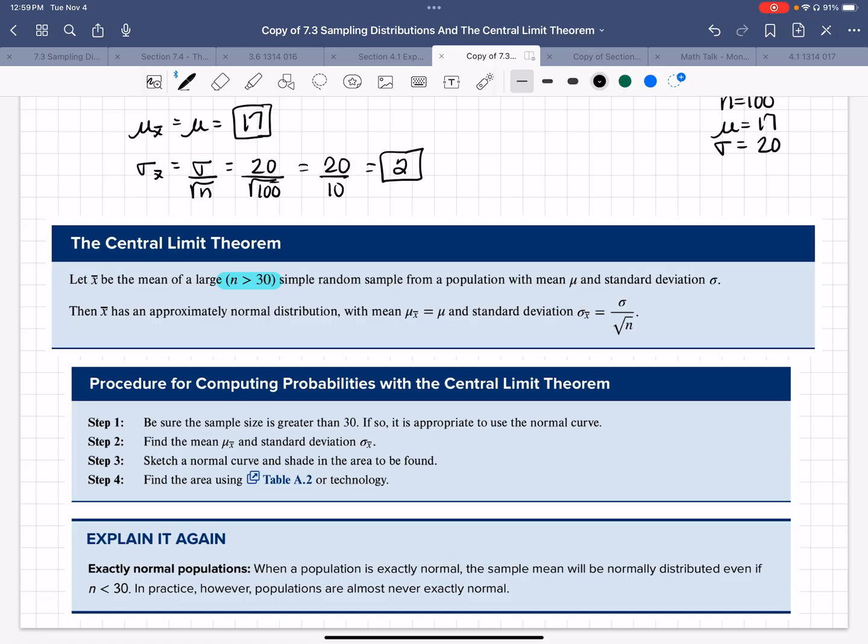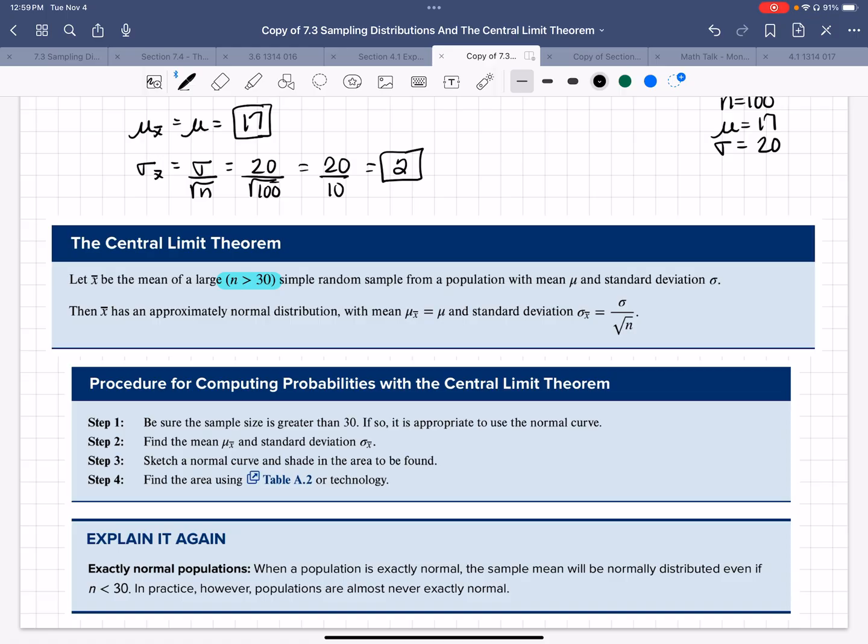And in order for us to use functions on the calculator like normal CDF, it's got to be a normal distribution. So be sure the sample size is greater than 30 so that we can use it. We find the mean mu x bar and the standard deviation sigma x bar.